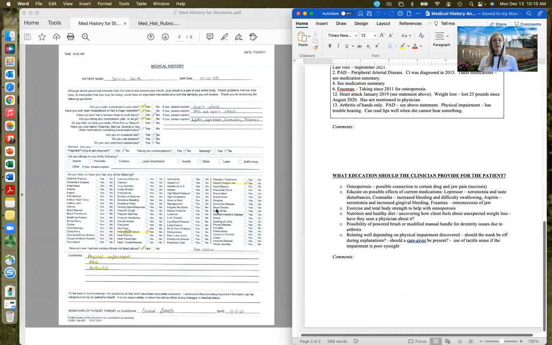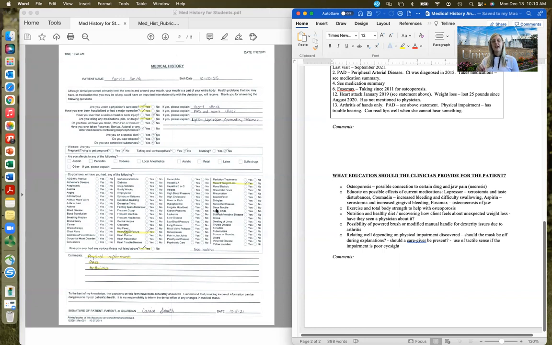So if you put an education point relating to the physical impairment, regardless of what it was, you got credit for it, right? Because what the actual education should be would depend on what you decided their physical impairment was. Same thing for the arthritis. If you put some sort of education pertaining to arthritis, you got credit for it. If you put some sort of education pertaining to nutrition and unexplained weight loss, you got credit for it, okay?